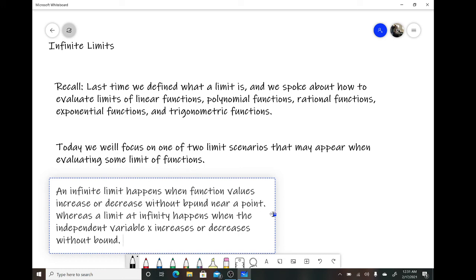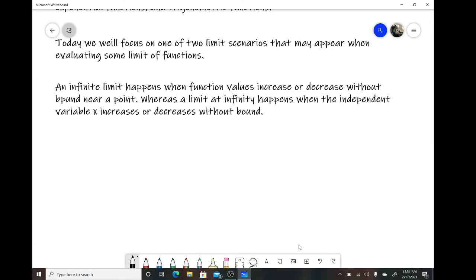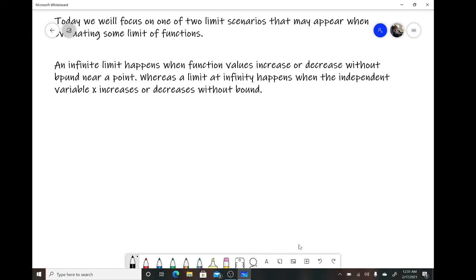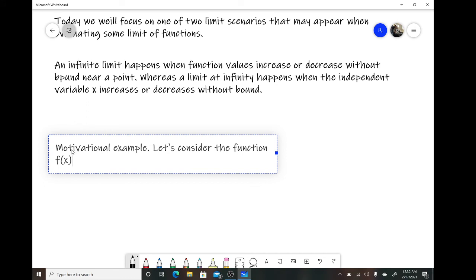Okay. So these are the two limit scenarios that we're going to be talking about in the next couple of lessons. It is very important to understand both of them and the differences between them as well, because they will again come up a lot. So let's talk about a motivational example. Let's consider the function f of x equals 1 over x squared.